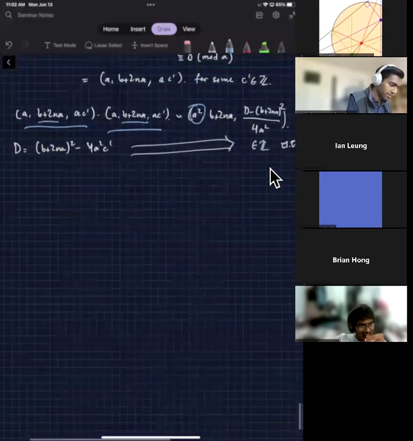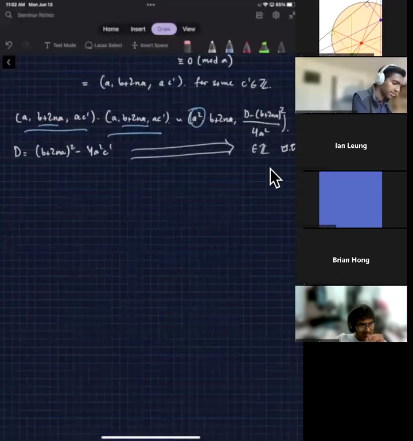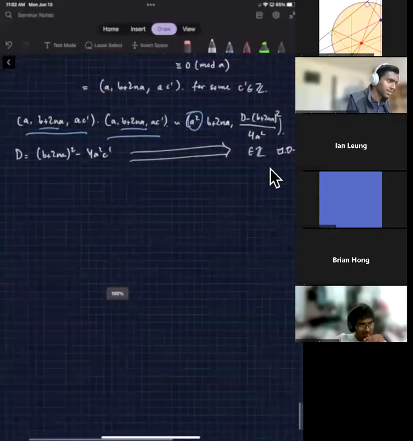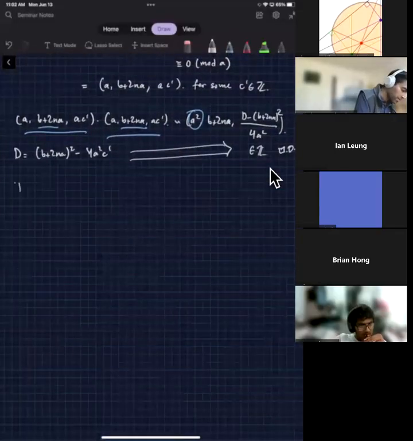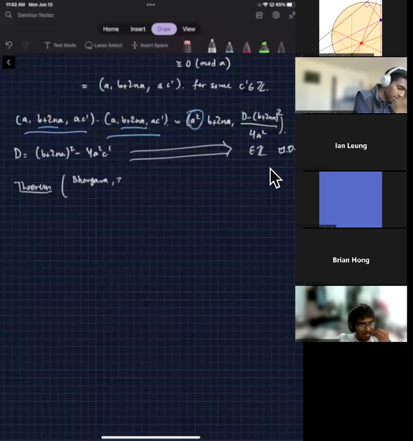And I just want to very briefly finish by mentioning the results of my own from my thesis. So this result was partially proven by Bhargava in 2013 and also partially proven by me in 2019. Okay.